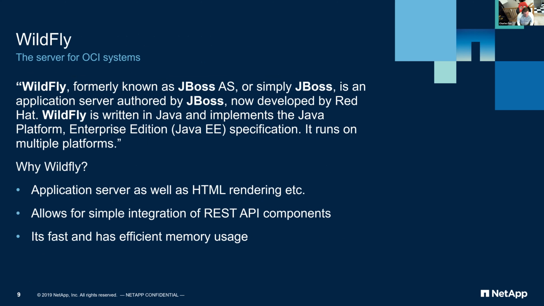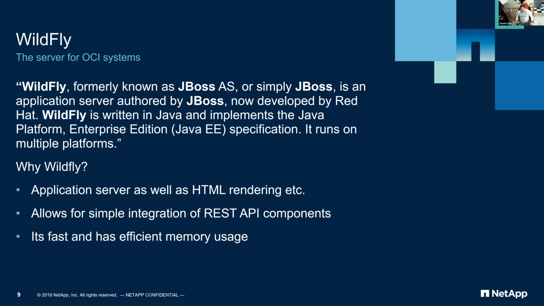Okay, next big piece. Obviously, OCI is a very web-centric system, and it has to have some sort of web services enabling platform in the middle of it. And that's Wildfly. This is formerly known as the JBoss application server. It is a Java-focused component. It is also available as open source and supported by the Red Hat people.